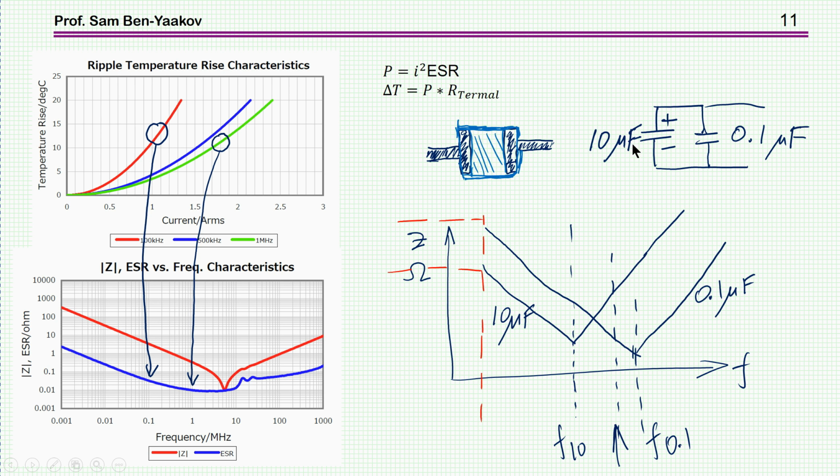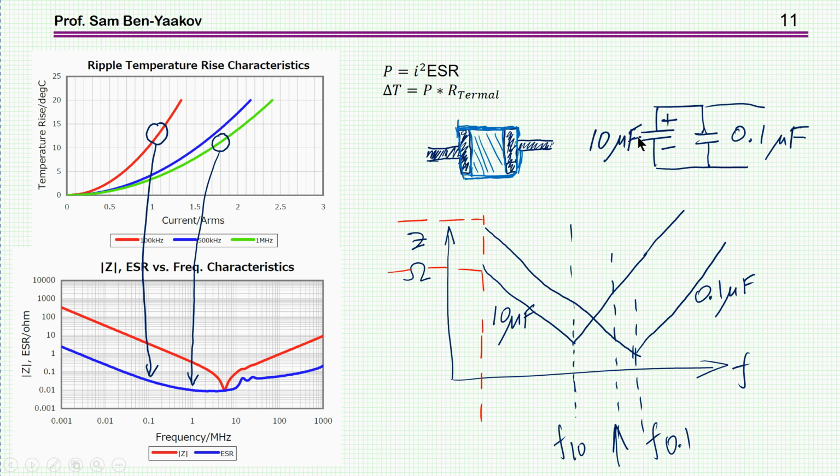One, a big one, say 10 microfarad, and 0.1 microfarad. They are used in parallel. And the question is, well, if you have already 10 microfarad, why do you need another 0.1 microfarad? Well, the answer is that these two capacitors are of different technologies. This could be an electrolytic capacitor, and this would be, say, a ceramic capacitor.